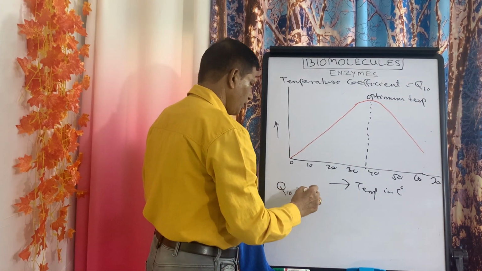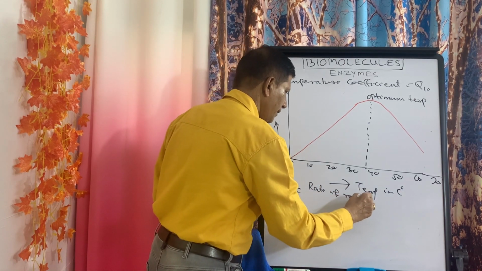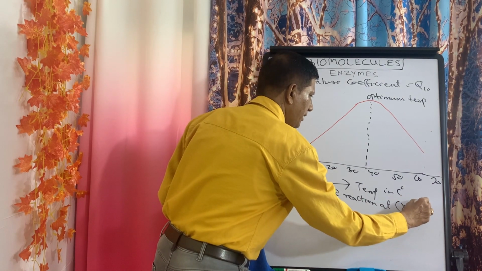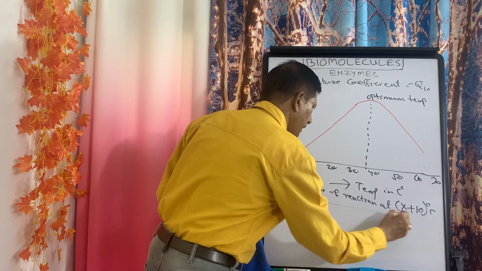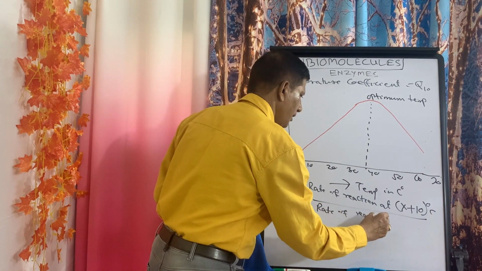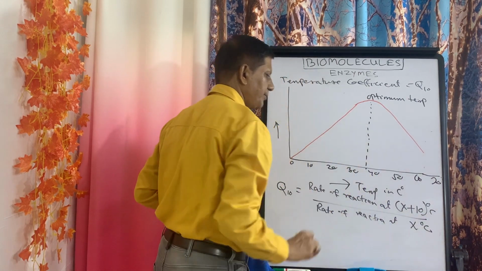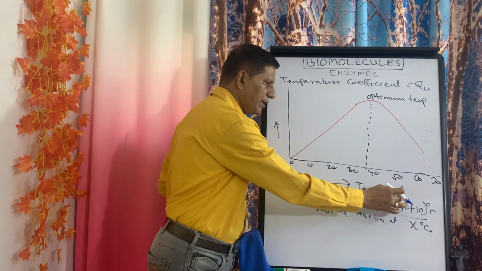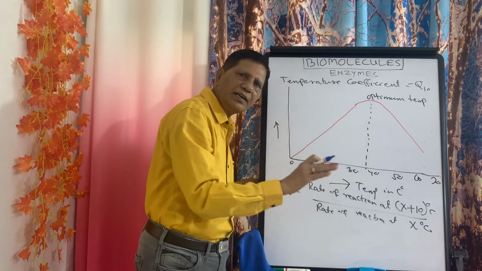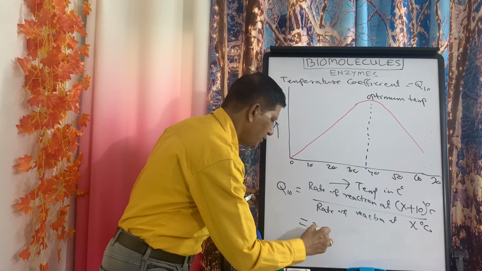Q10 is equal to the rate of reaction at a particular temperature, suppose x plus 10 degree centigrade, divided by the rate of reaction at x degree centigrade. That means the rate of reaction at a particular temperature divided by the rate of the reaction at 10 degrees less. This is known as Q10, and this always comes to 2.